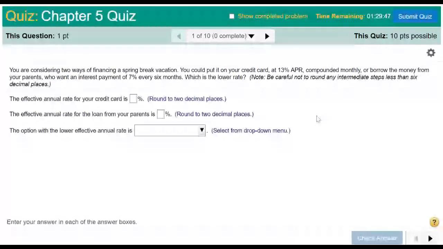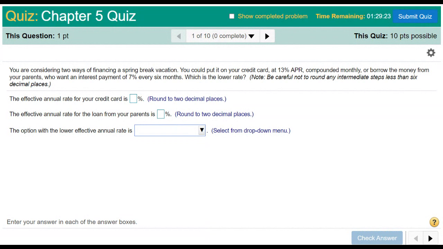All right, let me continue. Okay, so here it says you're considering 2 ways of financing a spring break vacation. You could put it on your credit card at 13% compound monthly or borrow the money from your parents, who want an interest rate of 7% every 6 months.